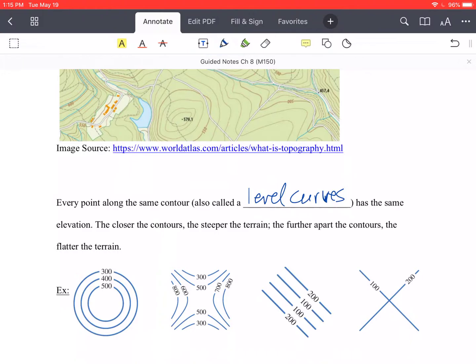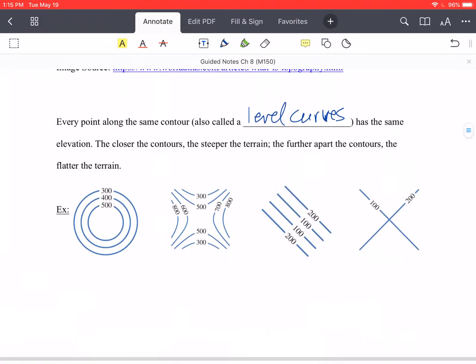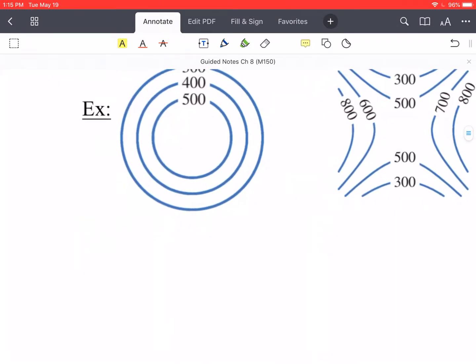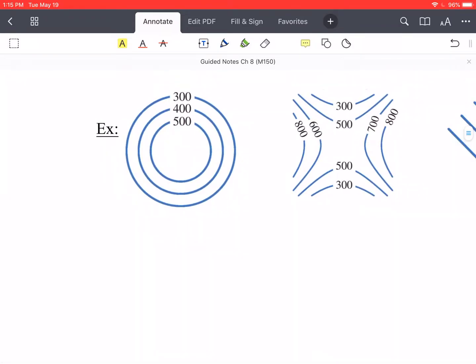With these examples down here, these are all contour maps, contour diagrams, and I'm going to do my best to show you what the equivalent 3D surface would look like for each of these. So we're going to start with this first one here. We have 300, 400, 500 as we're getting in towards the middle.